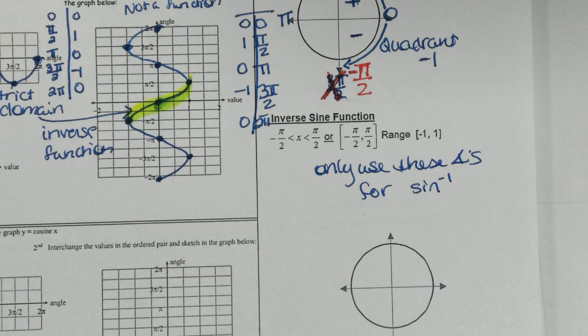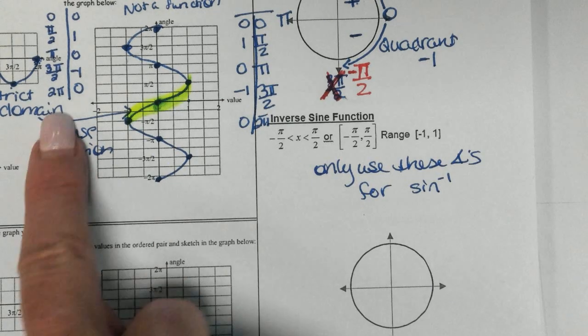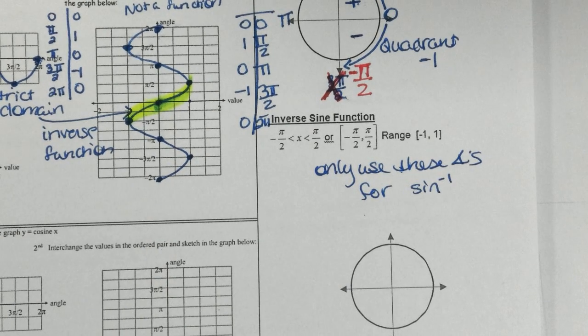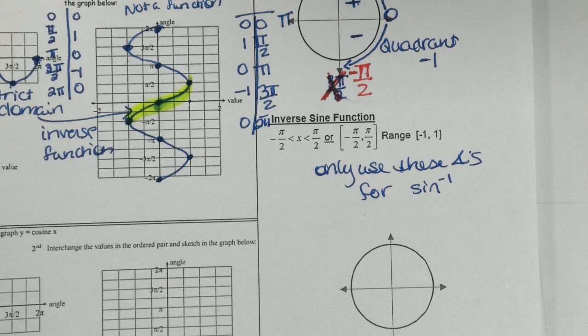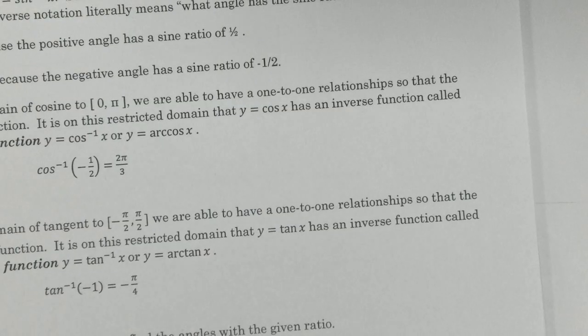All right. Now, this is what the questions are going to look like and how you apply them. Apply this information. If you will flip and look on page 13, okay?